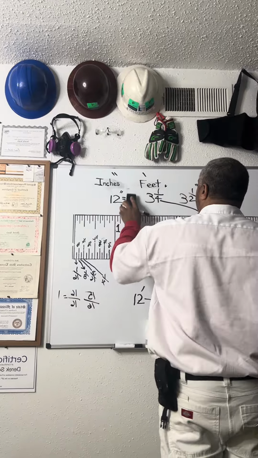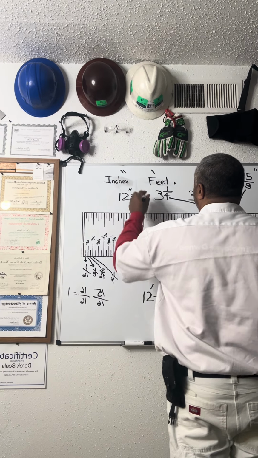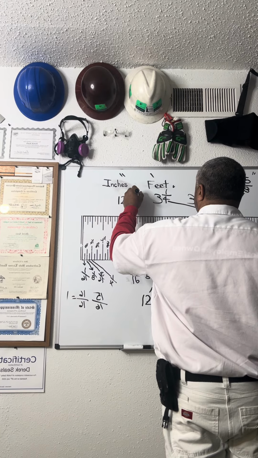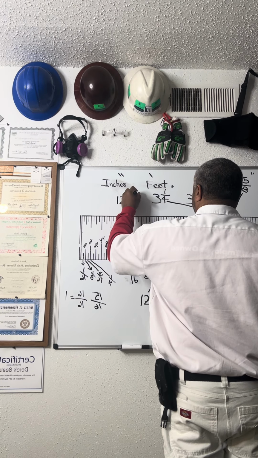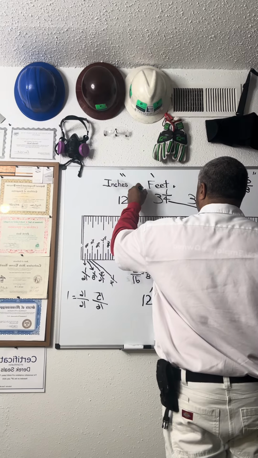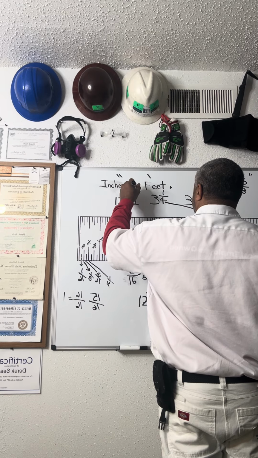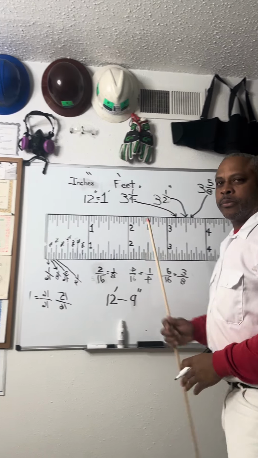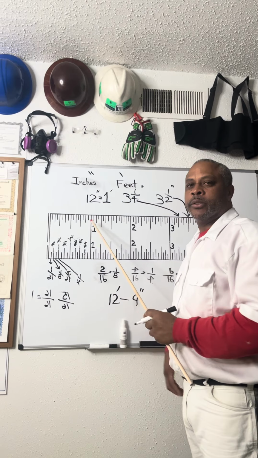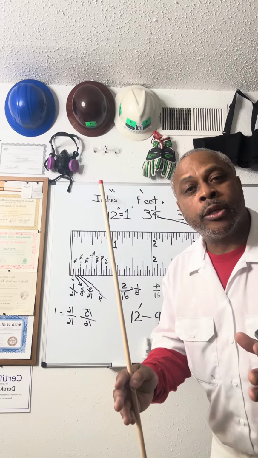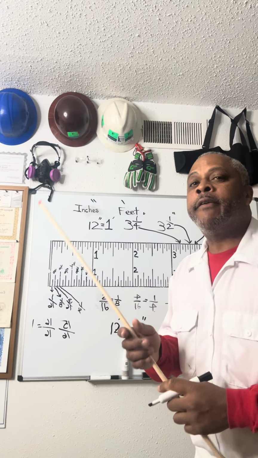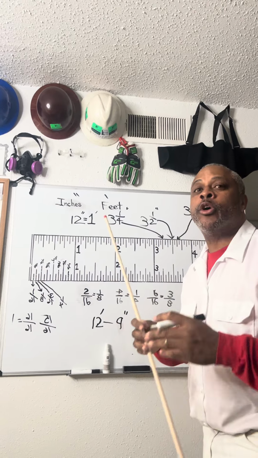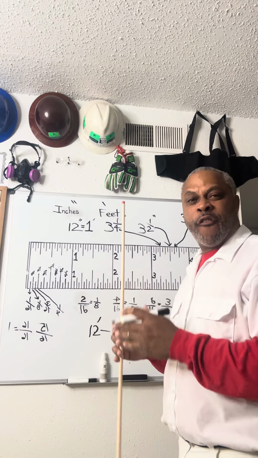I'm writing backwards, y'all, so bear with me because this is videotape. That's why. 12 inches equals a foot. 24 inches equals 2 feet. Every 12 inches is going to put you at a foot.